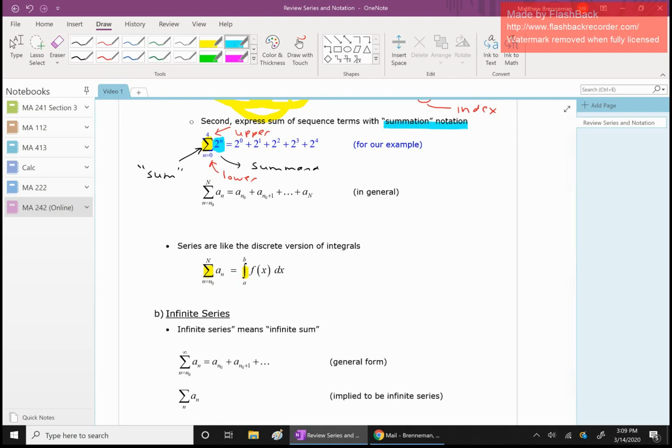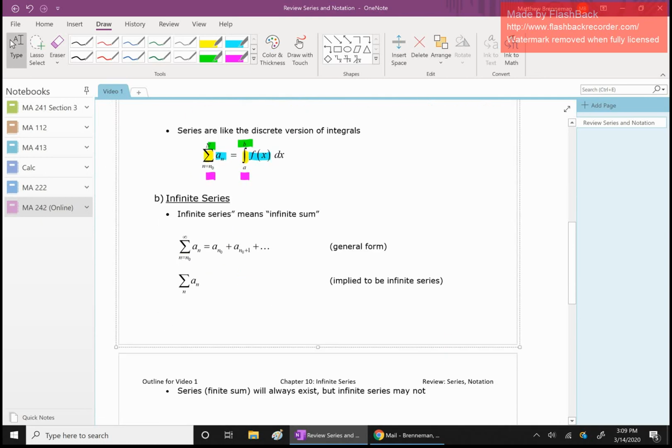And the things that we're summing up, in a series, we denote these by a sub n. And of course, in an integral, this is the integrand f of x. Where we start the integral is a lower limit of integration. That's like our lower index. And where we end the integral is like the upper index. So our upper limit of integration is like our upper index.